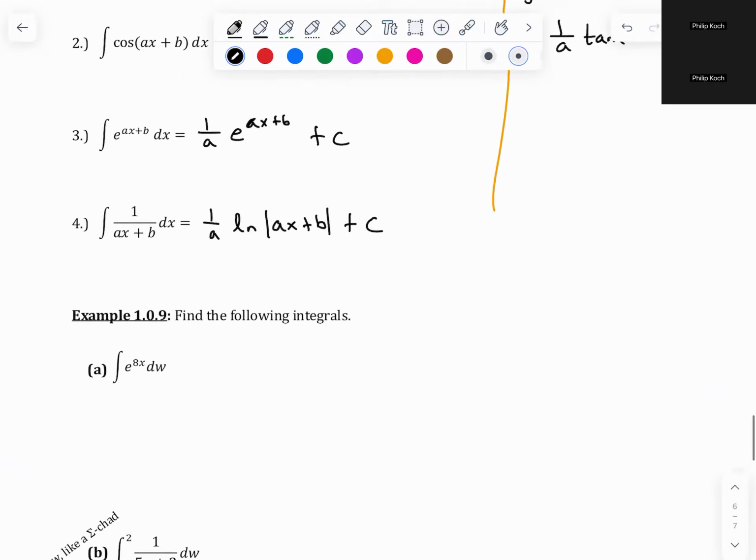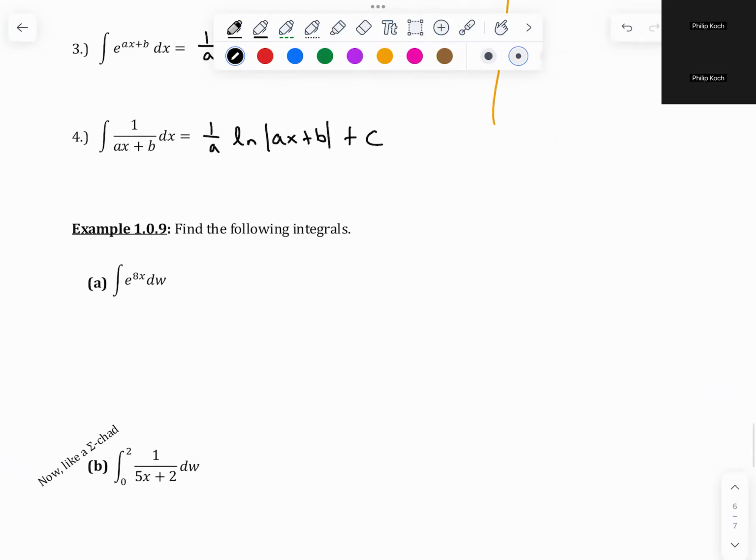So, as an example, if you've got the integral of 8 e to the 8x dx, apologies, that'll just be 1/8 e to the 8x plus a constant c. Immediate. No need to do an integral substitution. It's unnecessary. It's a waste of your time.